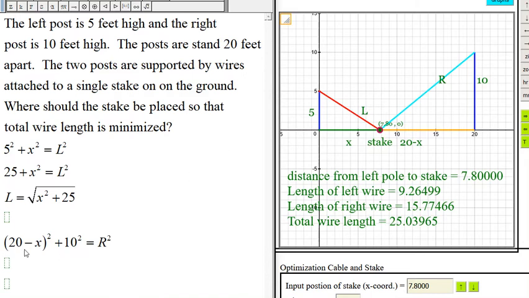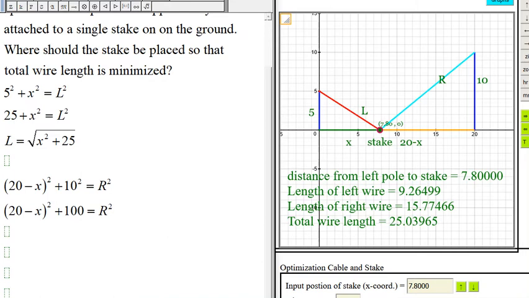And so this becomes 20 minus X squared, and this becomes 100, and then take the square root of both sides, then we get R equals the square root of this.